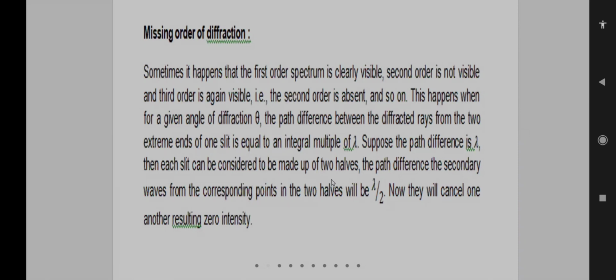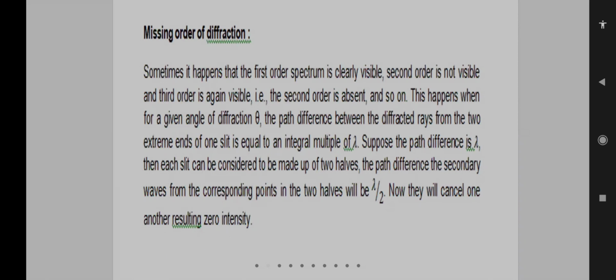The path difference of the secondary waves from the corresponding points in the two halves will be lambda by 2. So the light rays from the two halves, one is lambda by 2, another is lambda by 2. So what happens, those two now cancel one another, resulting in zero intensity.